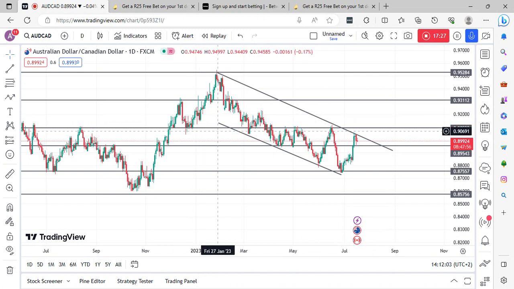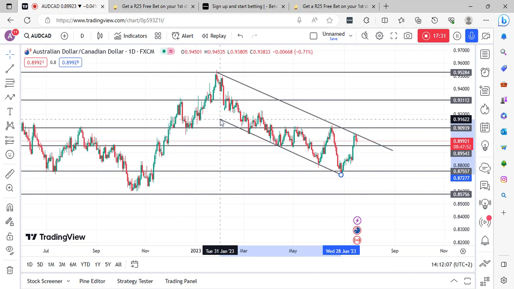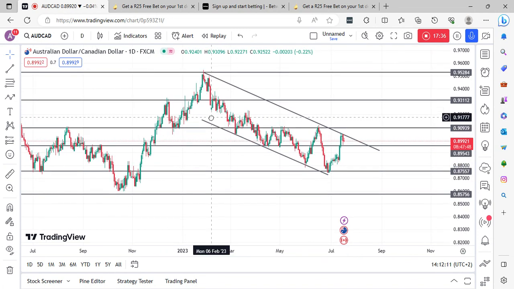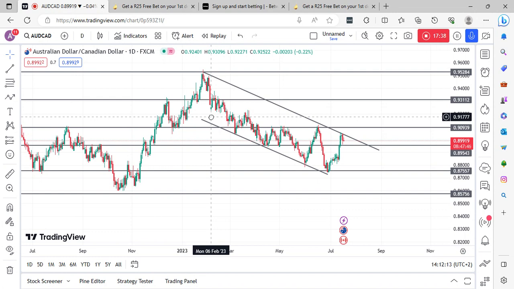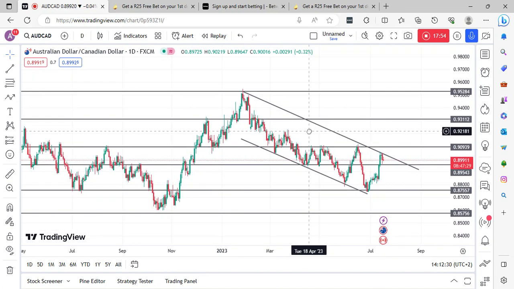You don't just drag it to any level, but you put it where there are the most touches. That means the level where you have put your trend is a strong area. That's where you are normally going to be taking your buys or your sells. Right now we know we are on a downtrend, but on a correction phase we are buying.